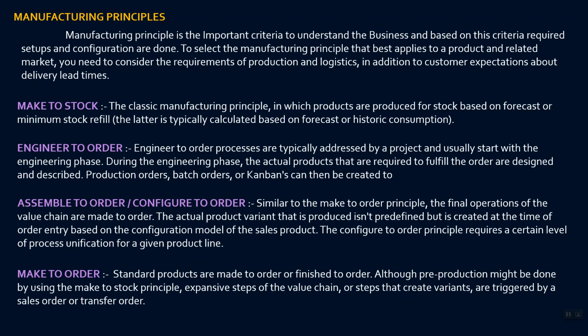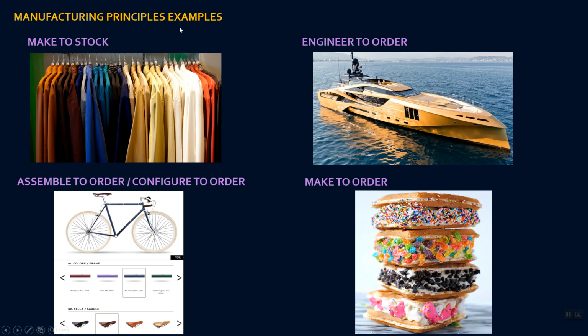All right, so you can see these are the different examples of make to stock. You can see shirts of different colors, sizes, which are readily available in each and every shop. You just go and purchase it. These types of products do not require your advance intimation.